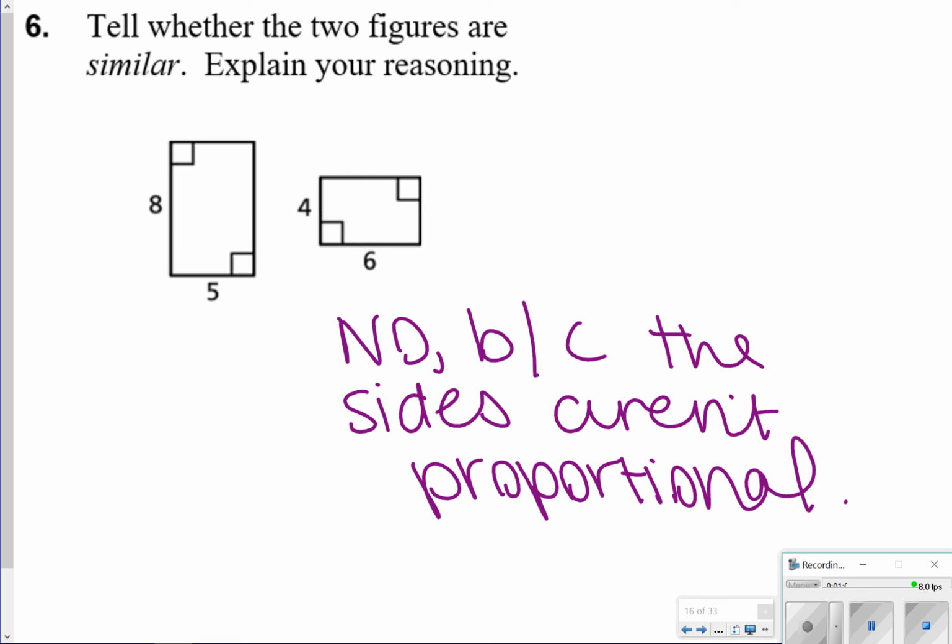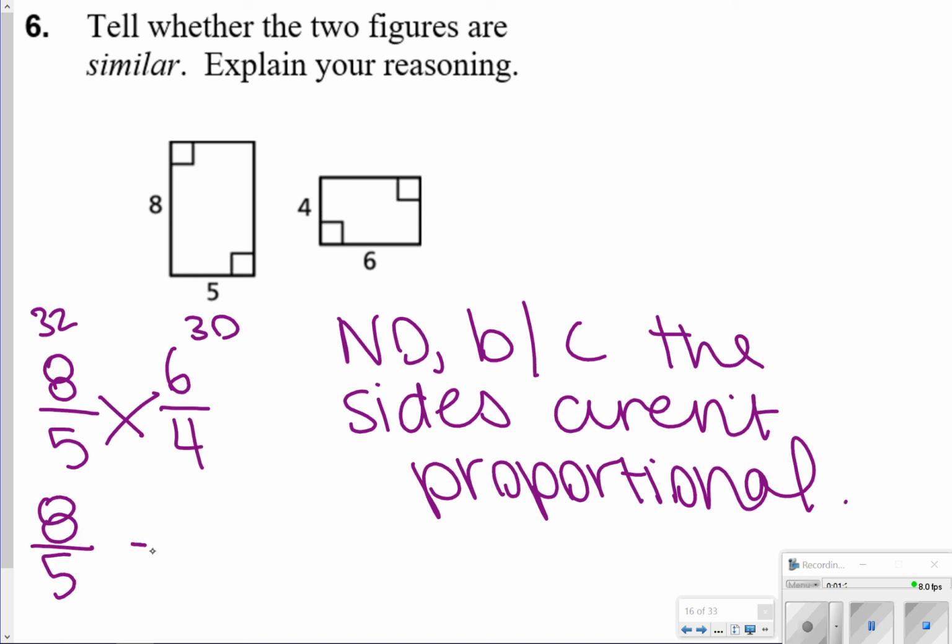Remember, for similar figures, your sides must be proportional. If you put 8 over 5 and 6 over 4 and cross multiplied, you get two different numbers, which means they're not proportional. You can also see that 8 over 5 is not equivalent to 3 over 2, which is 6 over 4 reduced.